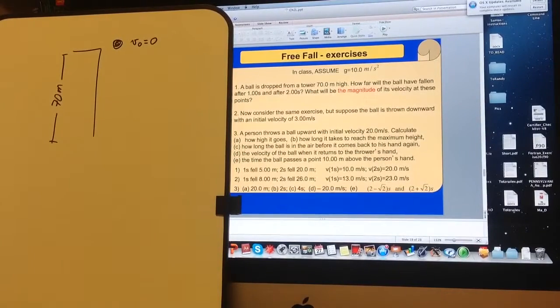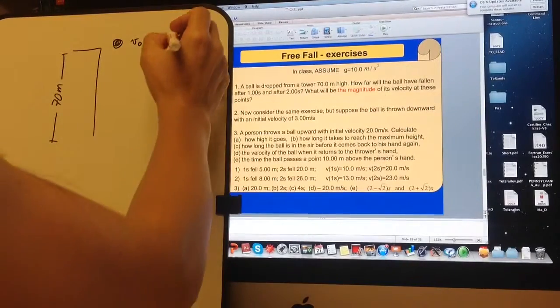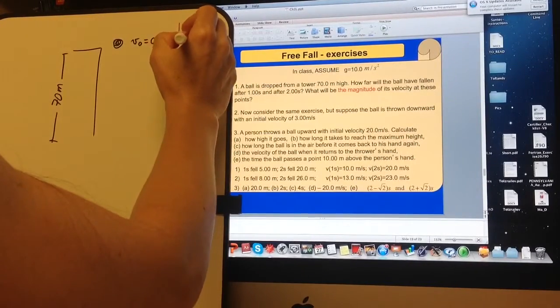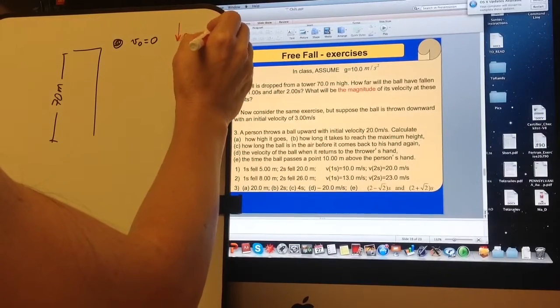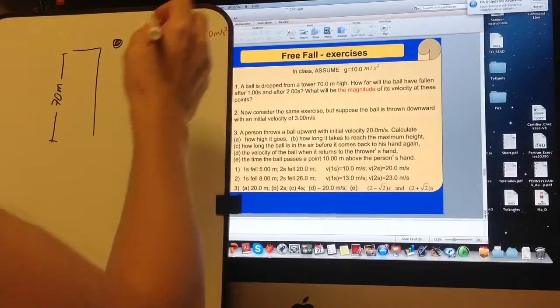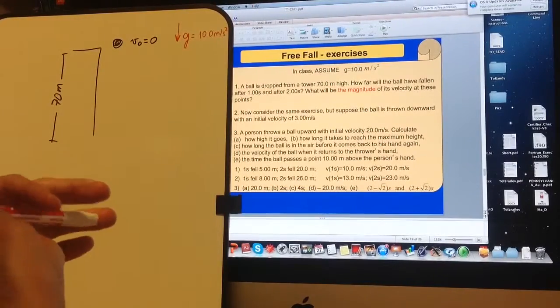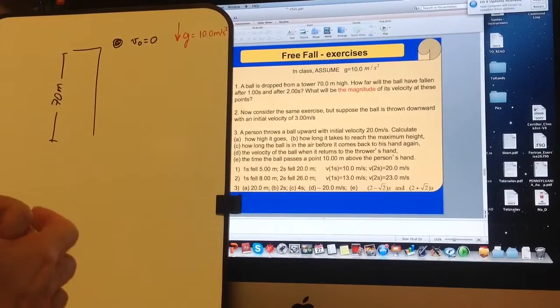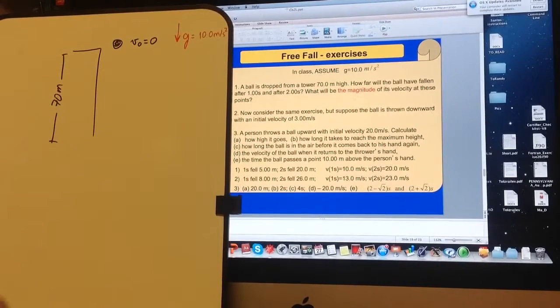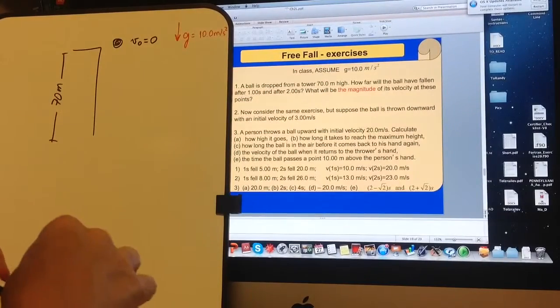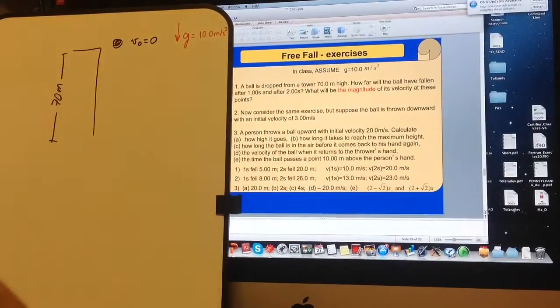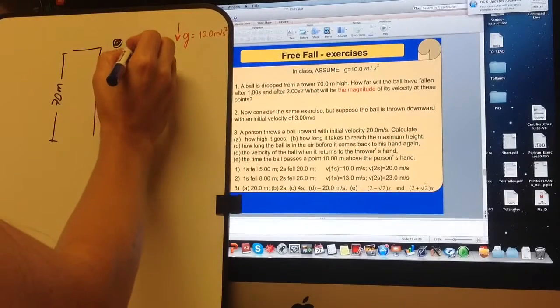Okay, as we said, when we are in free fall, the acceleration is always pointing down, and in this case we are saying that it's approximately 10 meters per second squared. We have to choose a reference frame. The reference frame, as we said, is totally arbitrary. Usually it is convenient to choose our initial position where the motion starts. That's what I'm going to be doing here.